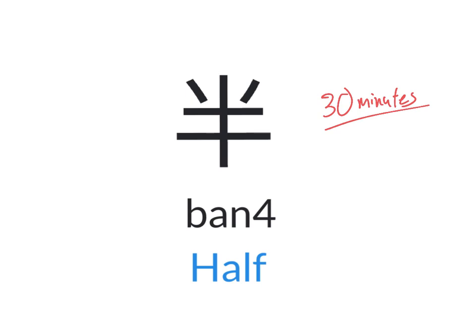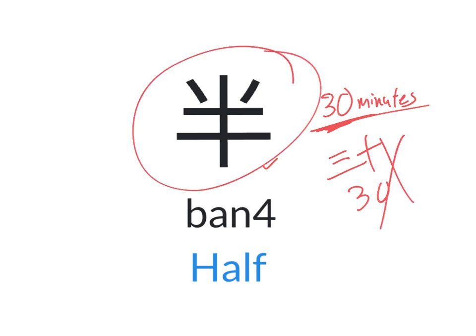So 30 minutes is basically the half of an hour. And if we are using 30 in Chinese, we have to use the word 半 instead of the traditional 30. We're going to use this character 半.